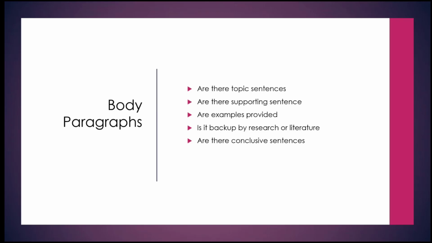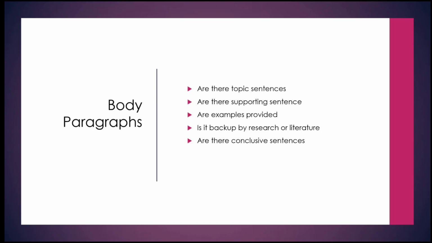So number one, when you're looking at the paragraph, you want to ensure you have a clear topic sentence. And the topic sentence is simply that first sentence in your paragraph that tells the reader the purpose of your paragraph. So let's say, for example, our topic that we're looking at is the positive and negative consequences of COVID, right?